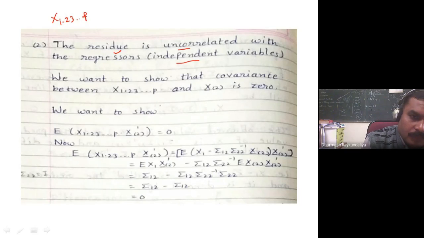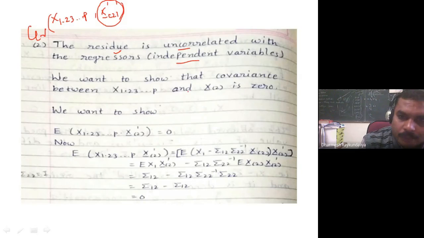I wish to show that the covariance between this quantity and this is 0, because this is nothing but the vector of independent variables. So we want to show that the covariance between x1.2 3 up to p and x2 is 0.